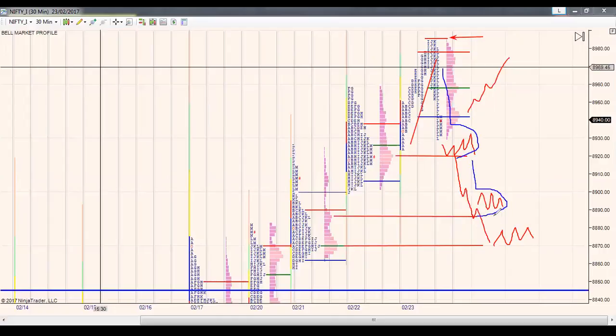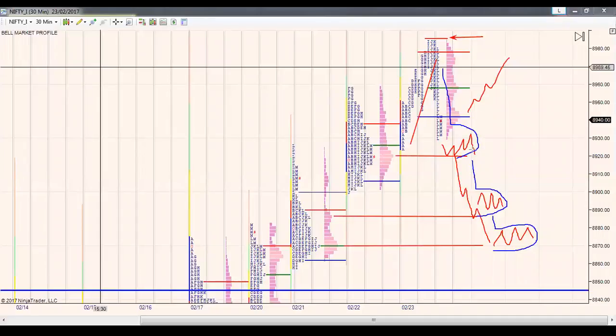So I think now you can understand why these weak sellers in this region are not a good sign for the continuation of the down move, because these guys will start coming in and booking at every important support.